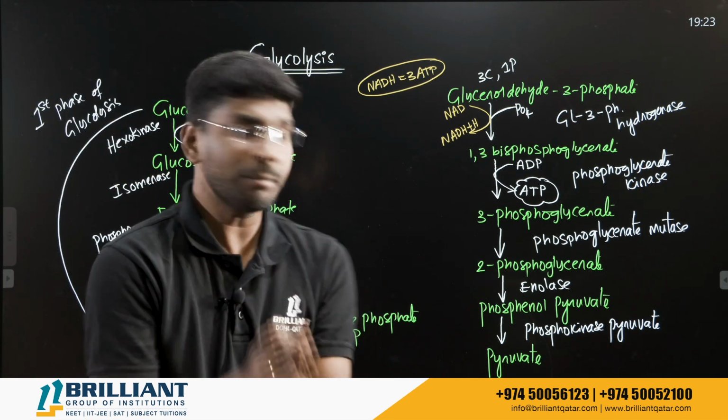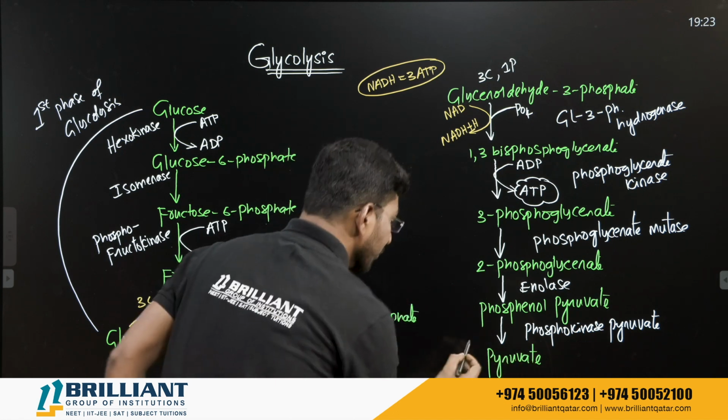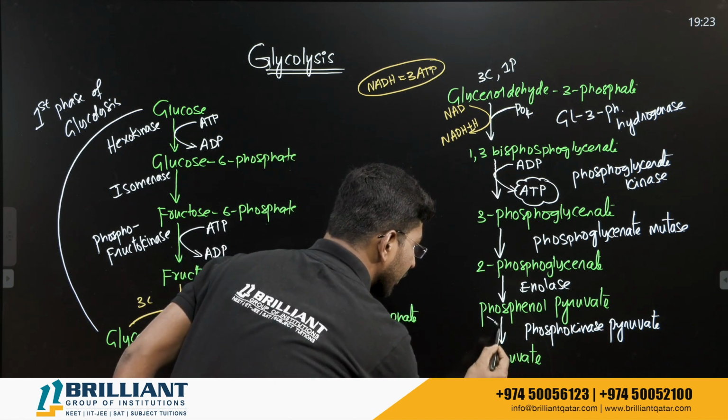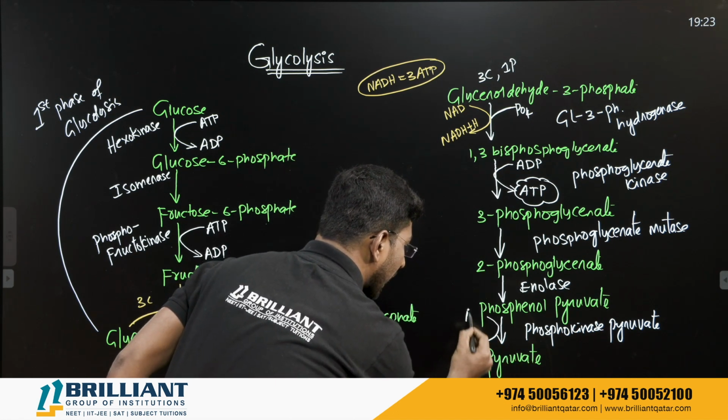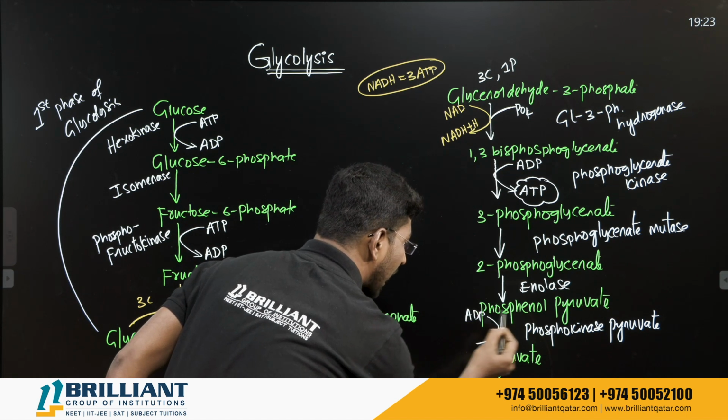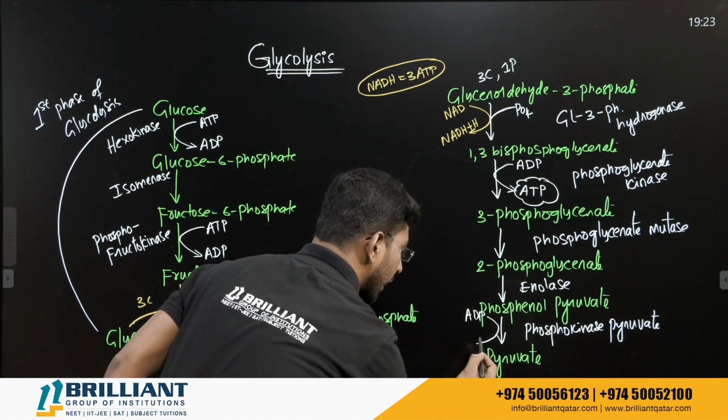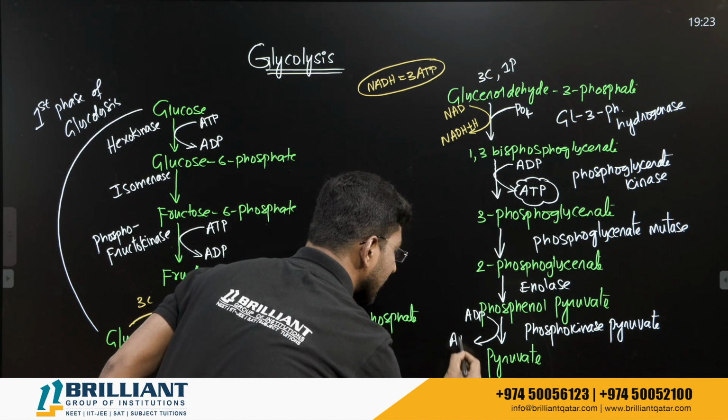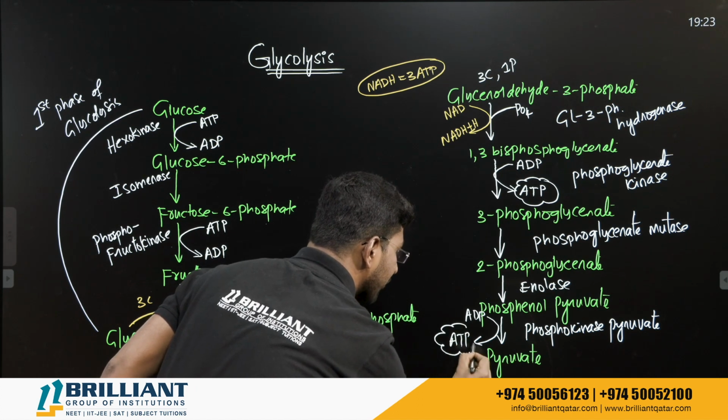So now keep in mind exactly this place what happened. Now the last phosphate is given to ADP. So ADP is taking the last phosphate from phosphoenol pyruvate to form ATP, second ATP formation.